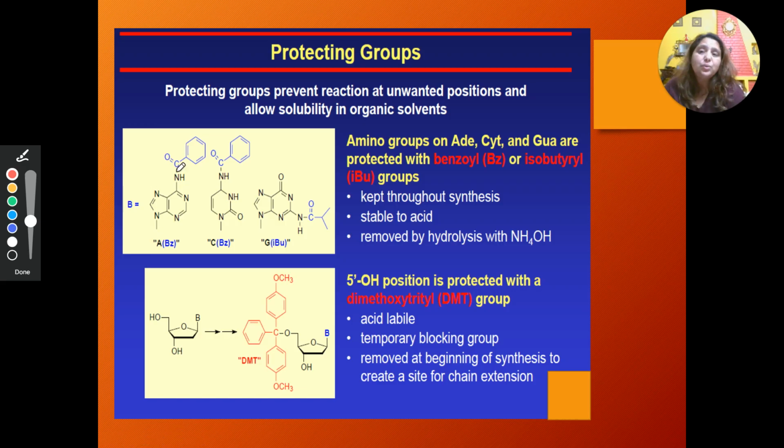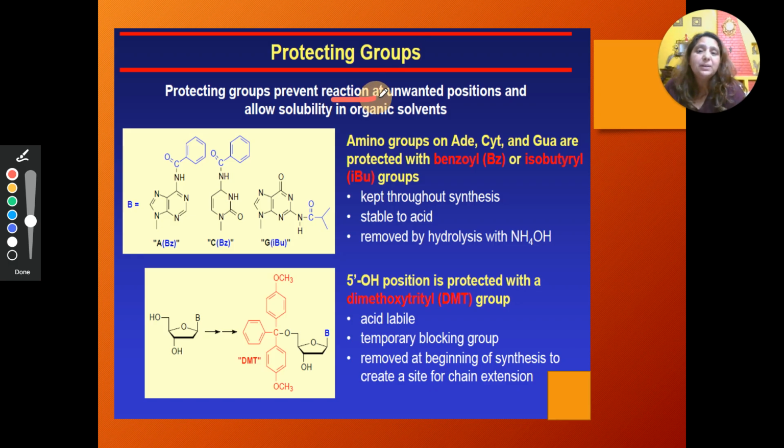A protecting group is a chemical group which is present at a particular position. Why are they present at a particular position?